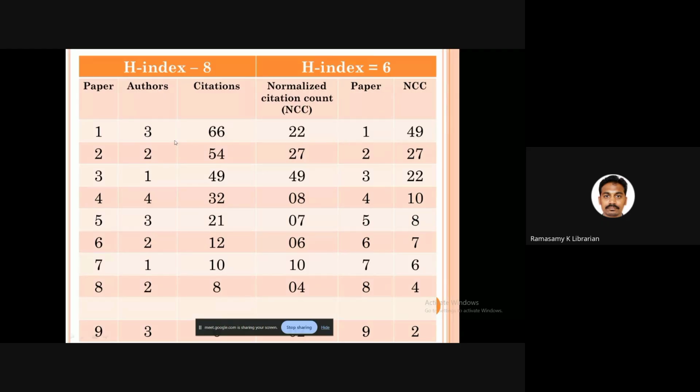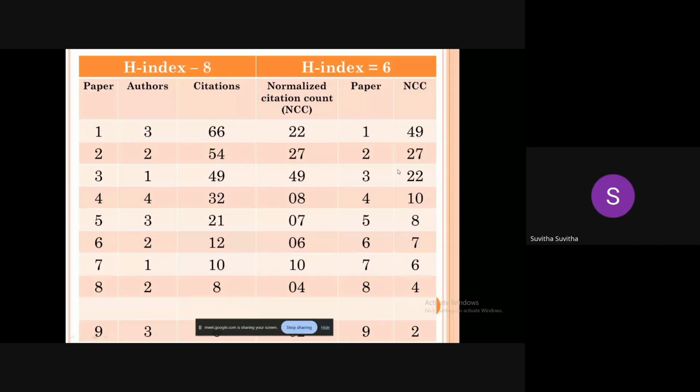66 divided by 3, 22. 54 divided by 2, 27. 49 divided by 1, 49. So this way, I calculate the normalized citation count. After calculating the normalized citation count for each and every one of the research papers, I am arranging all these papers based on the normalized citation count.